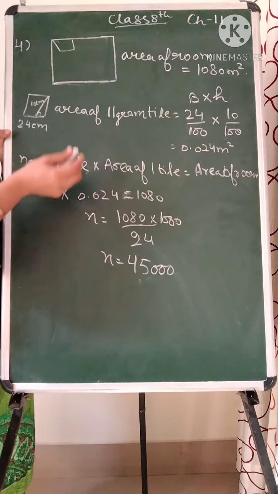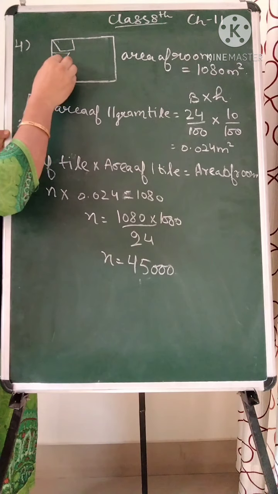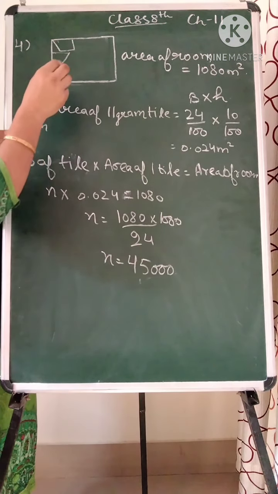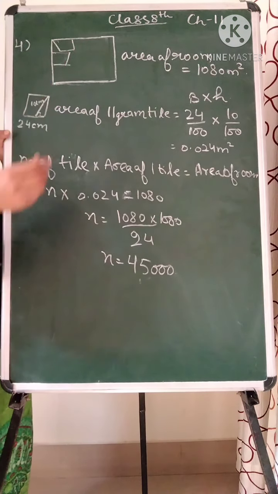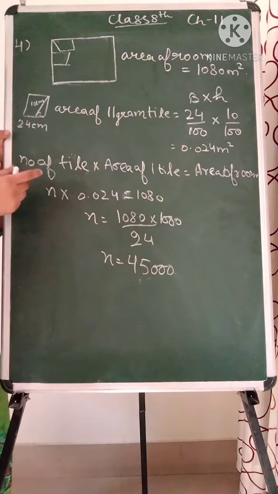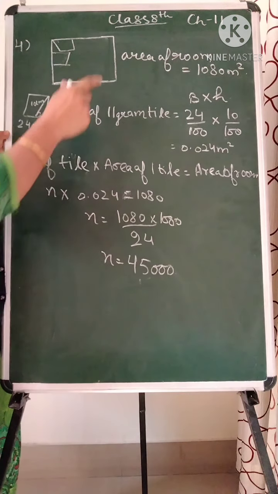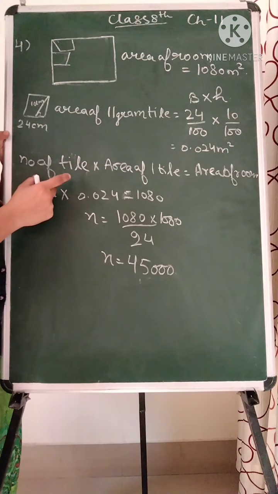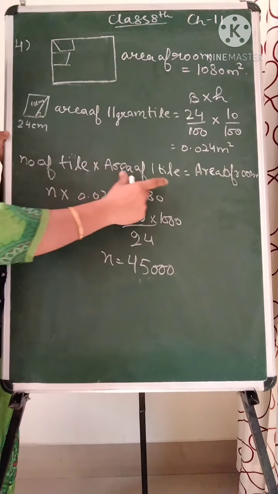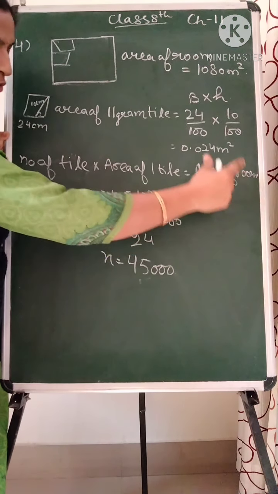But in the room, you don't know how many tiles you need to complete this area of the room. Number of tiles into area of one tile becomes equal to area of the room.